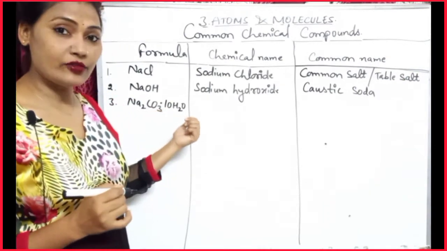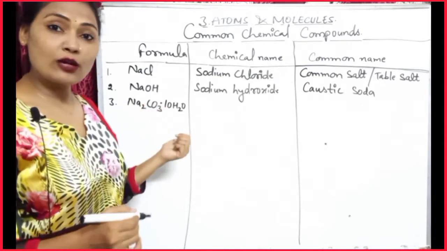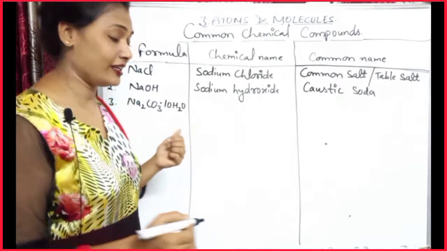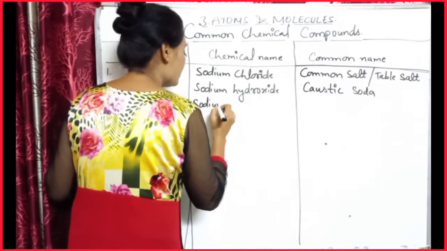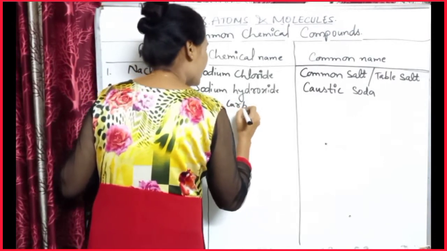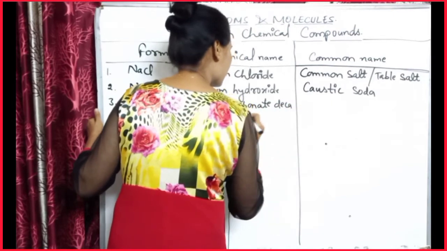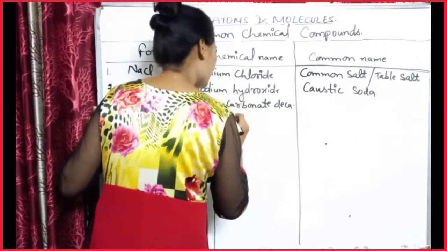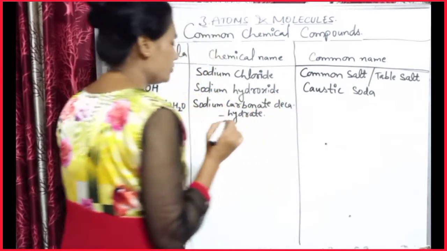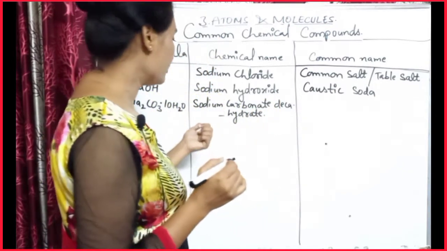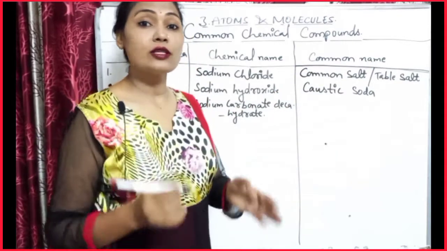So it is hydrous, and its chemical name is sodium carbonate decahydrate. Decahydrate means 10 molecules of water are there. The common name of this substance is washing soda.